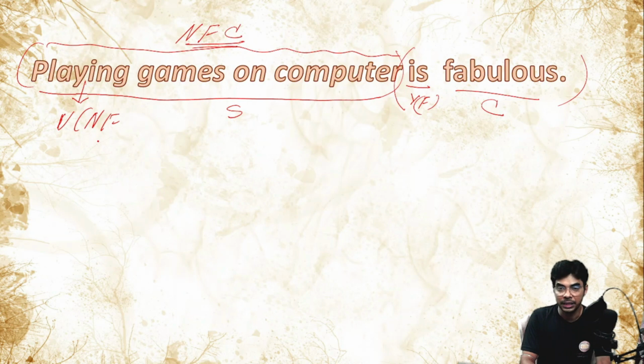So first, it forms the dependent or subordinate clause. Second, it does not contain a verb, that means a finite verb. And the third characteristic, it completes the sense of the sentence. Without this, playing games on computer is fabulous doesn't make any sense.